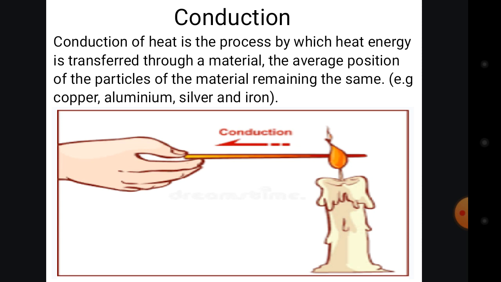If it remains at its size, that means it is conduction. Conduction of heat is the process by which heat energy is transferred through a medium. Through that medium the heat will be transferred. The average position of the particles of the material remains the same, and the heat is transferred through it.